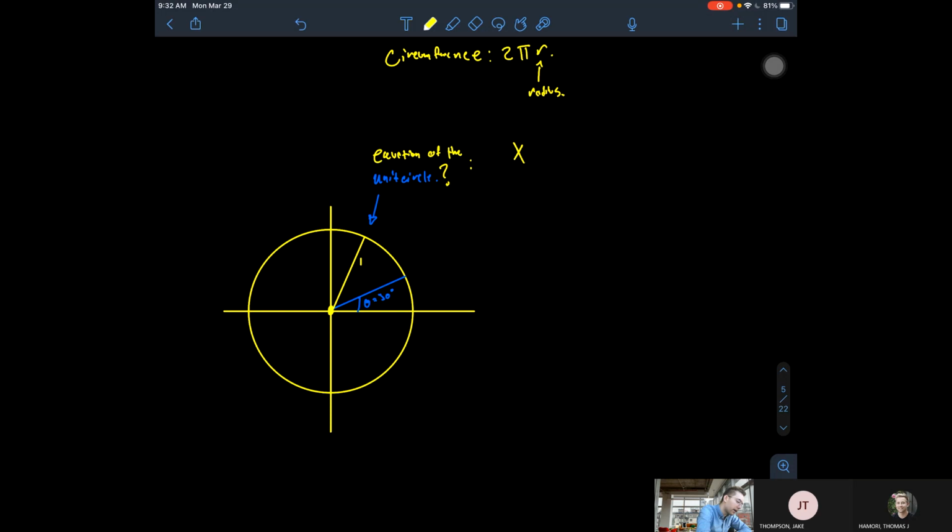So in our equation, we would get x minus 0 squared plus y minus 0 squared is equal to the radius squared, where the radius is 1, so that's 1 squared. If we simplify this, we get the equation x squared plus y squared is equal to 1. Okay, so this is the equation of the unit circle.